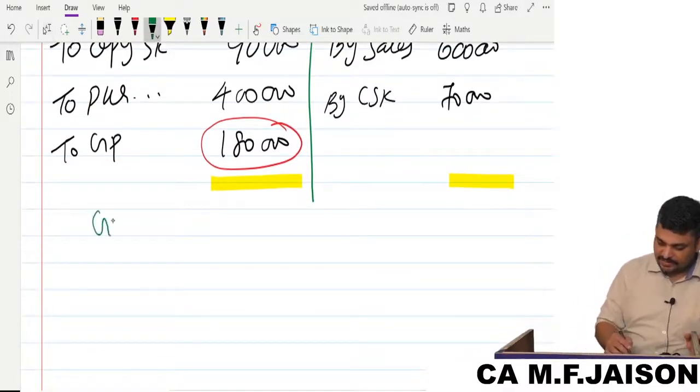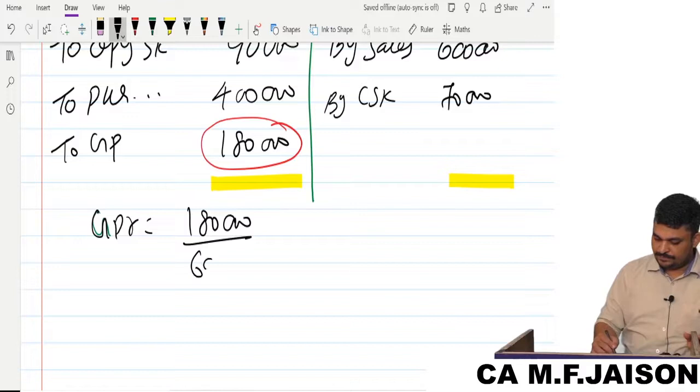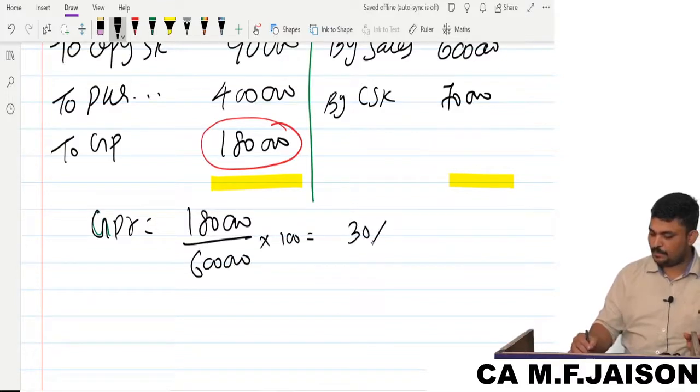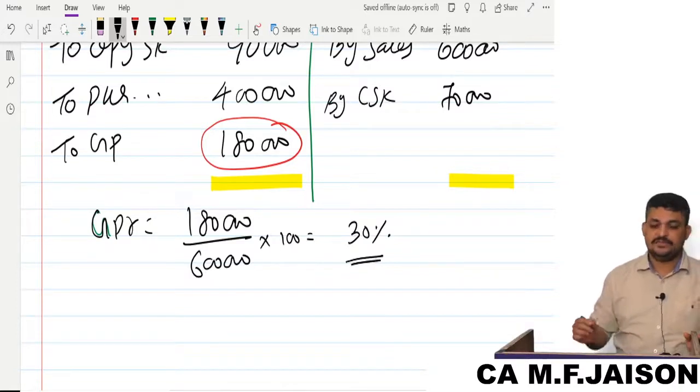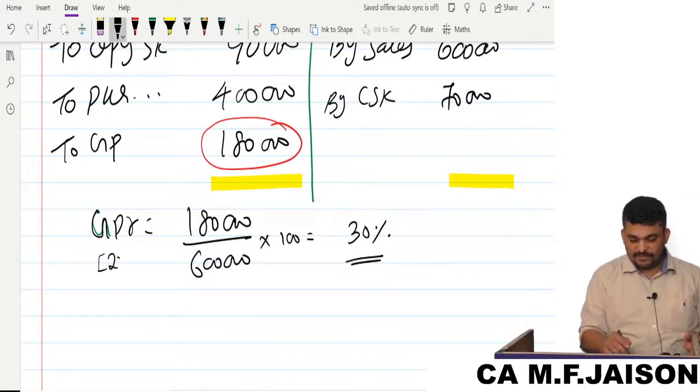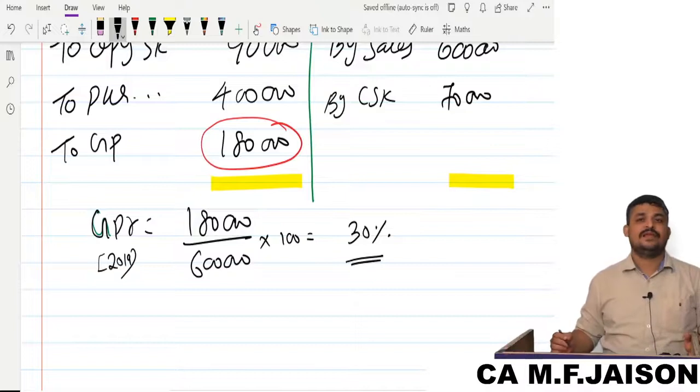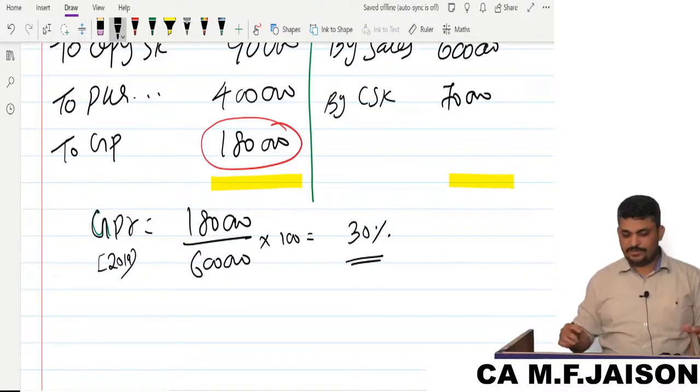So GPR is 1,80,000 by 6 lakhs into 100, which is 30%. GPR is 30%, but this is of the year 2019. We want the GPR of 2020. Simple.